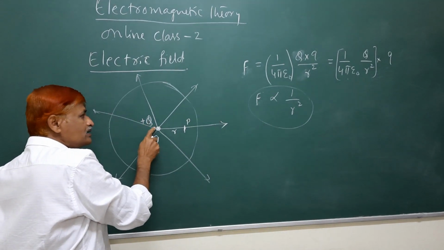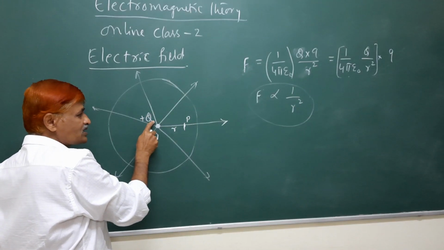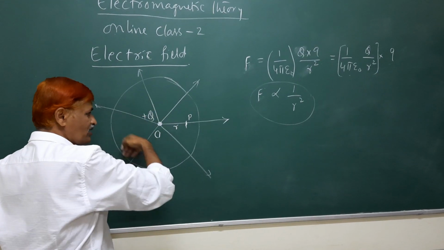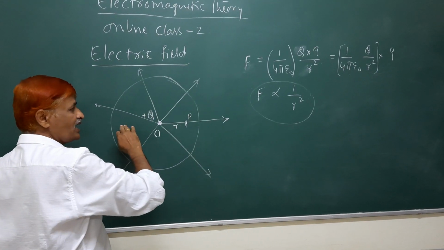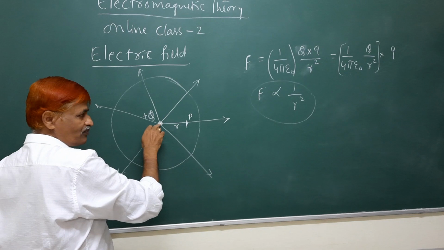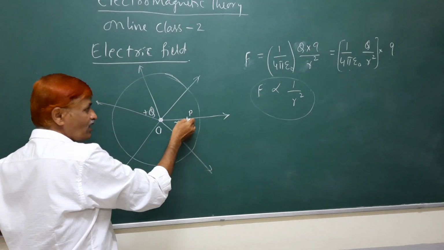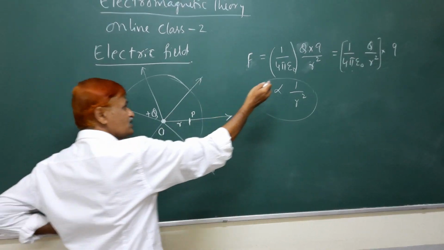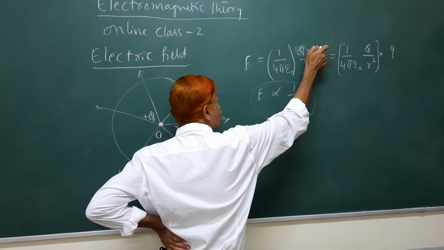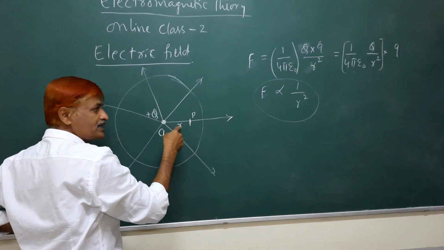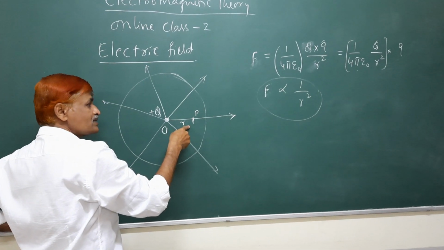The presence of this charge creates a field, an area of influence around this point. If any charge comes within this vicinity, say another charge q is coming at this point, then what happens?